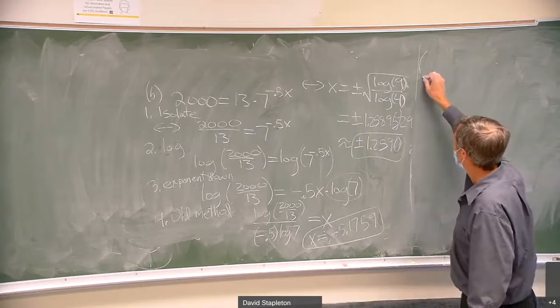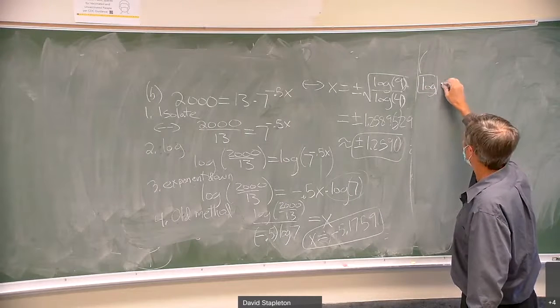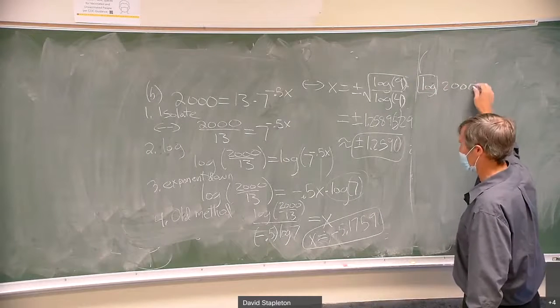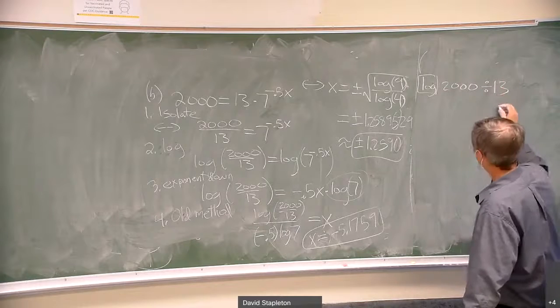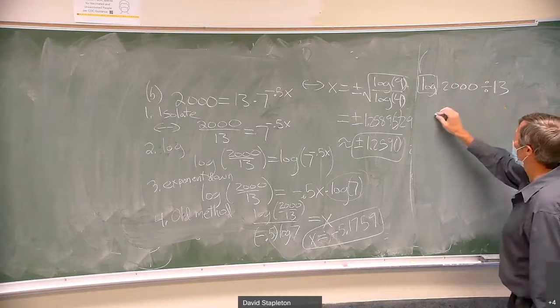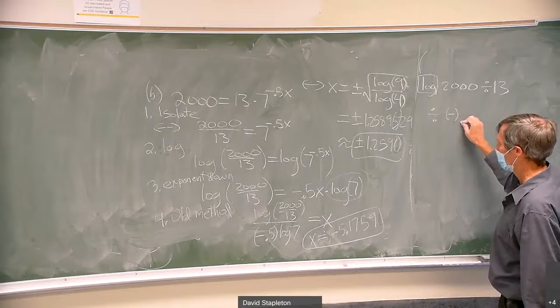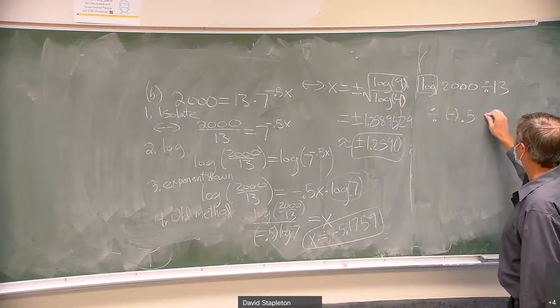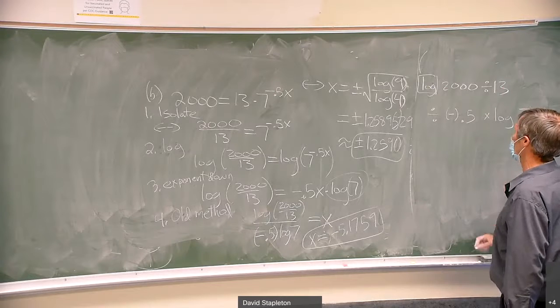If I type log 2,000, I won't write all the boxes this time, divided by 13, divided by minus 0.5 times log 7, I'm going to get a really wrong answer.